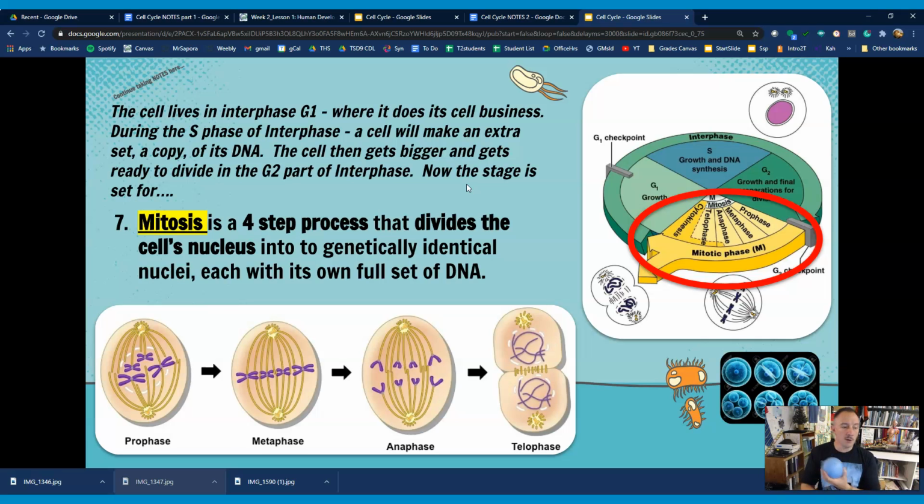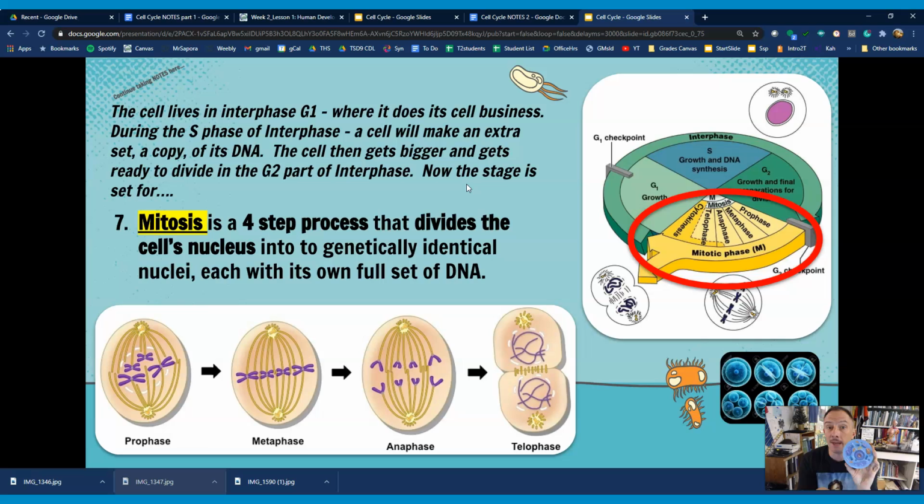mitosis. Mitosis is a 4-step process that divides the cell's nucleus into genetically identical nuclei, each with its own full set of DNA. In order for this cell to split into 2 exact copies, the most important thing that it has to make an exact copy of is that DNA.